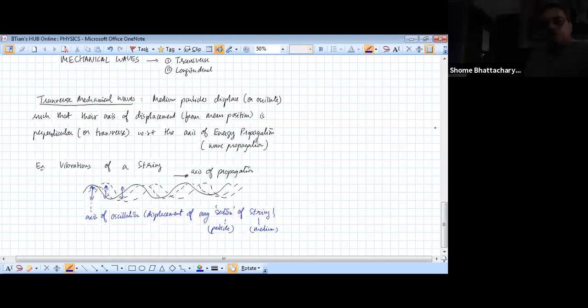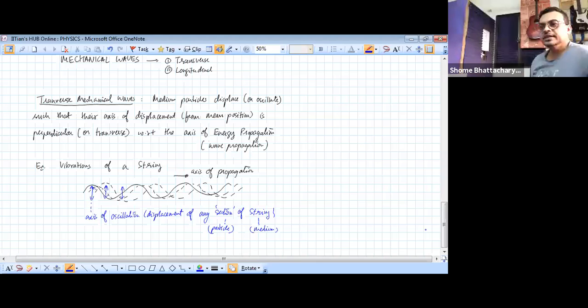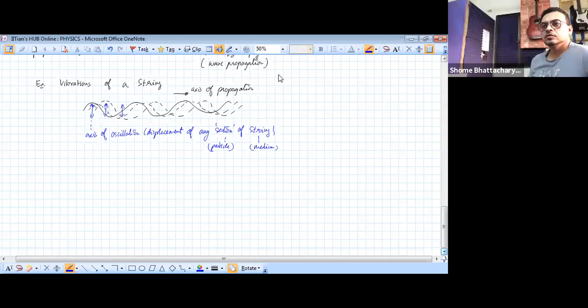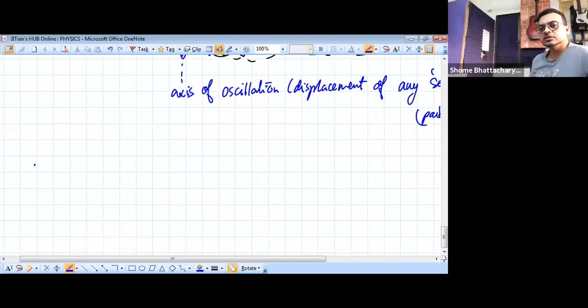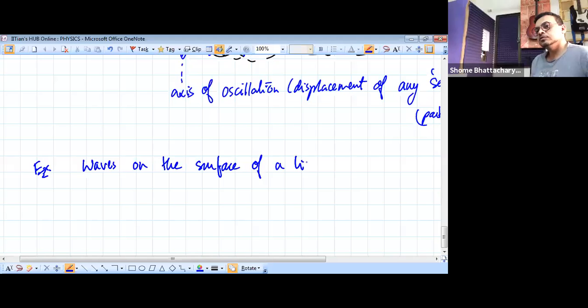Okay, another example of transverse mechanical waves is ocean waves or the waves on the surface of a liquid.